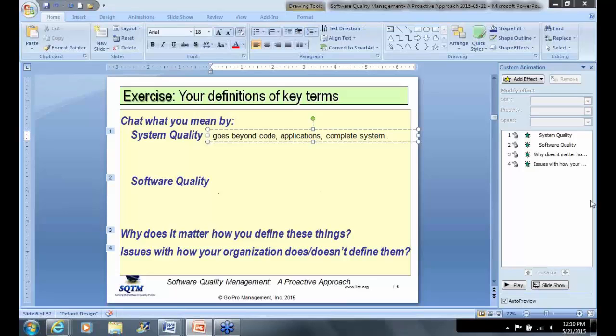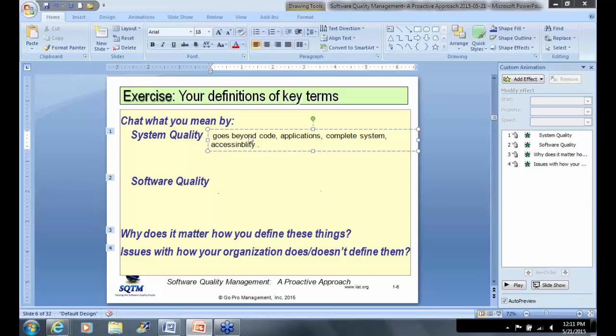Somebody else said system quality would include accessibility, when customers need it, security, performs as expected.